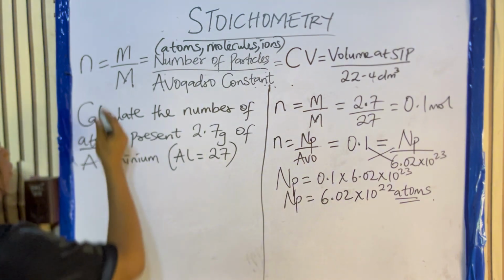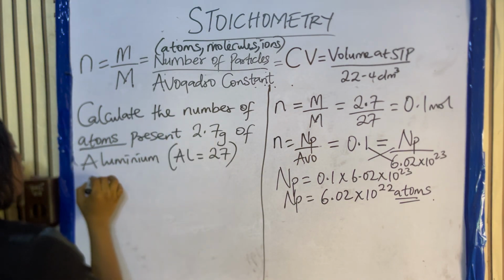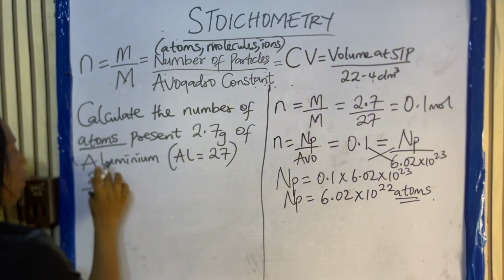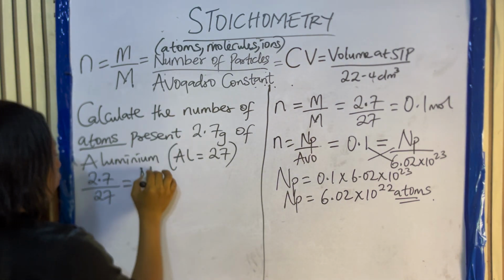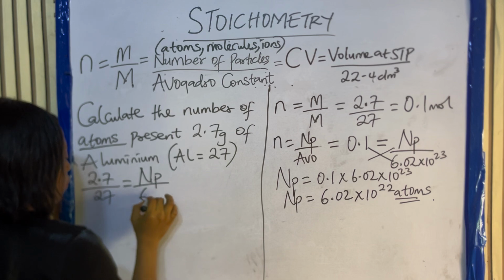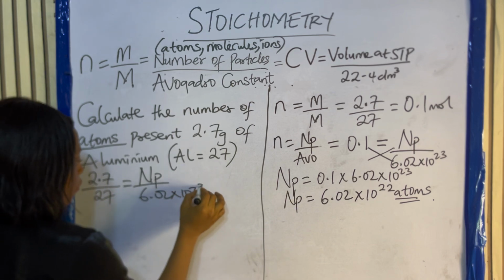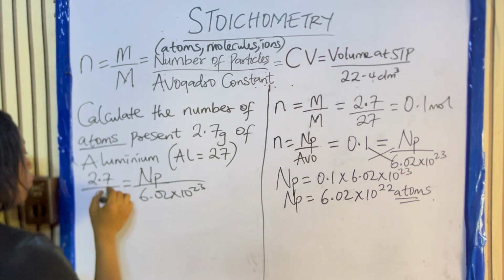So let's solve. The mass in gram given here is 2.7. Our molar mass of aluminium is 27. Then the number of particles is what we are looking for, over 6.02 times 10 raised to power 23. This is a constant. So you're going to cross multiply.